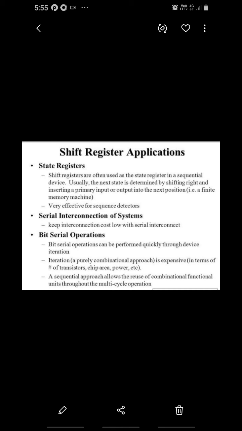Iteration is expensive. A sequential approach allows the reuse of combinational functional units throughout the multi-cycle operation. And shift registers are found in an almost endless array of applications, a few of which are presented in this section.